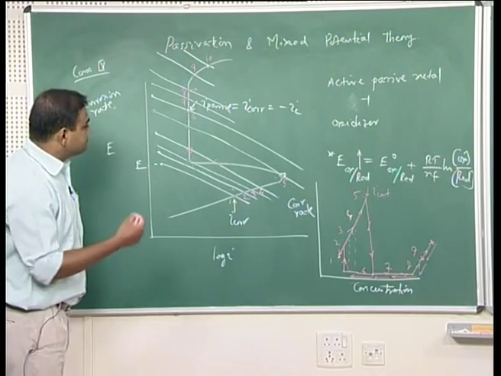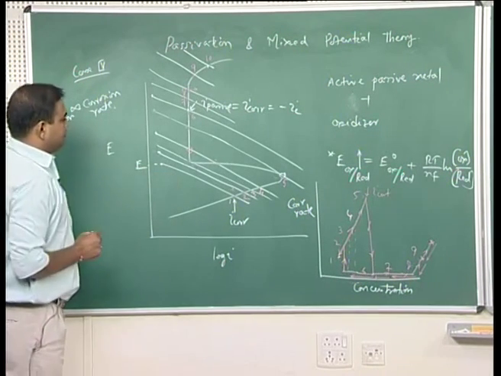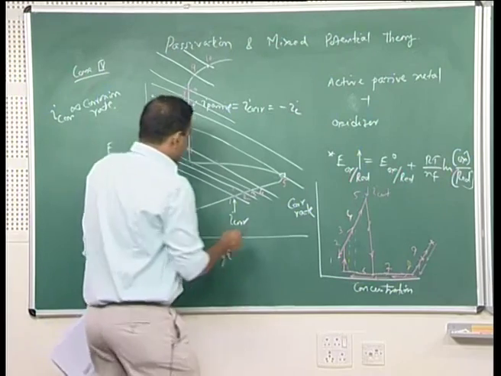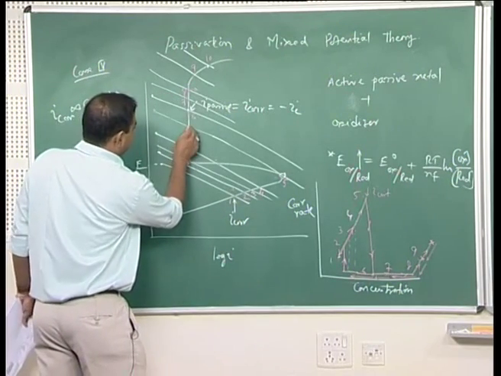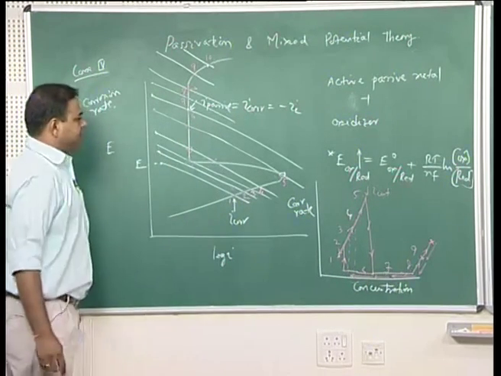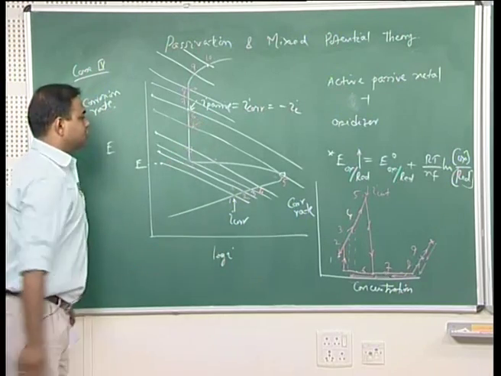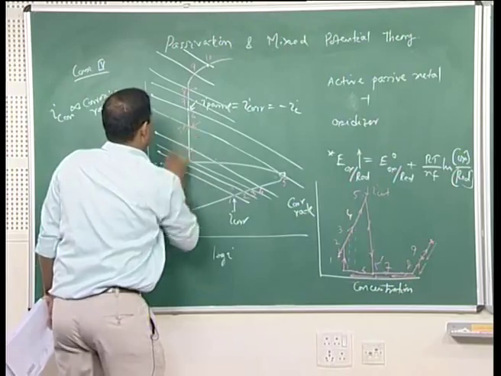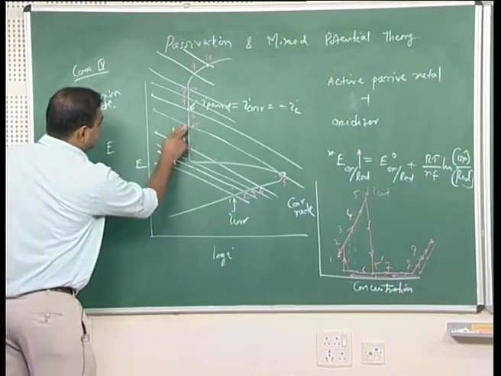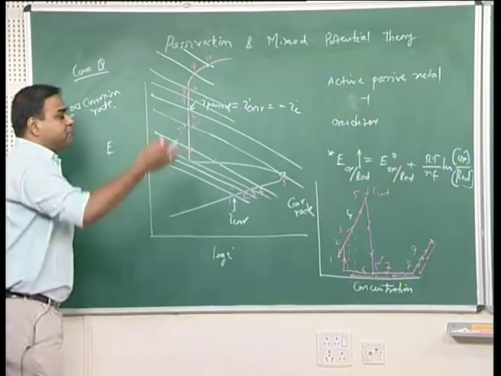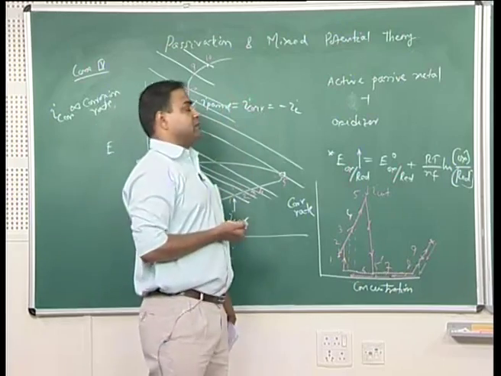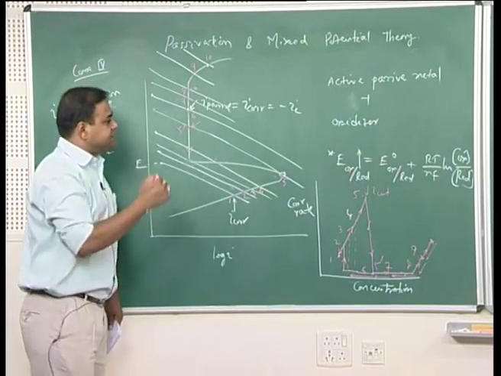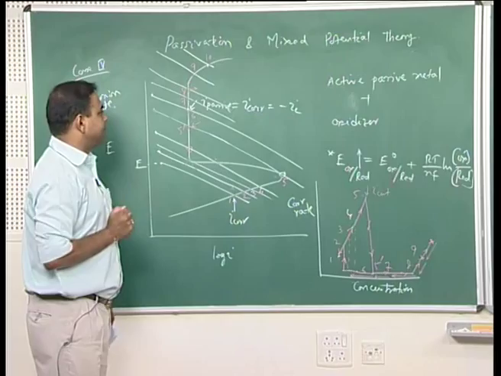But now what happens, let me give one small note here. Say at position 5, this corresponds to this corrosion rate, let us say, I put it as 5 dash. So, while coming back it will remain here, but at this point let me give a scratch on the metal. If I put a scratch on the metal, what would happen?